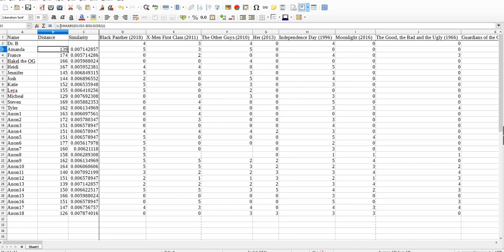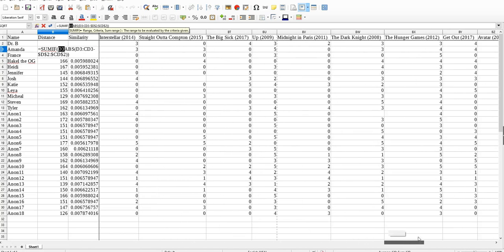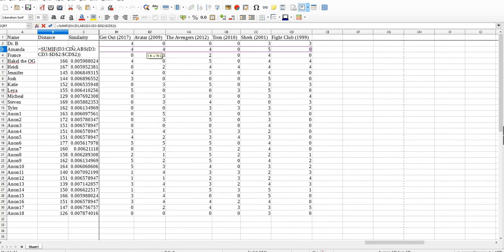So I don't want to count Amanda's zeros. Anything that she counted as a 0, meaning she didn't rate it, I don't want to use it. So I'm going to sum if her ratings are not 0. I'm going to highlight hers again and say that I don't want them to be 0. That's the only time we're going to include that term.